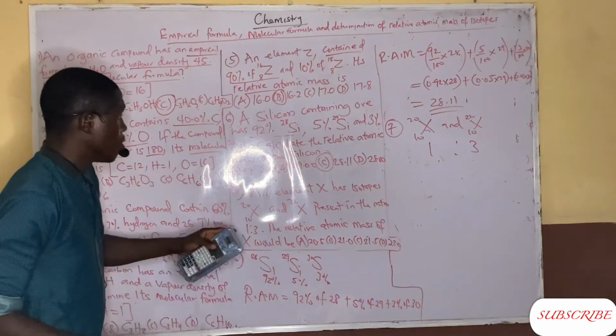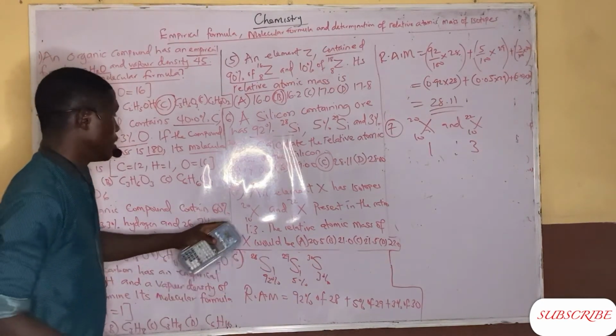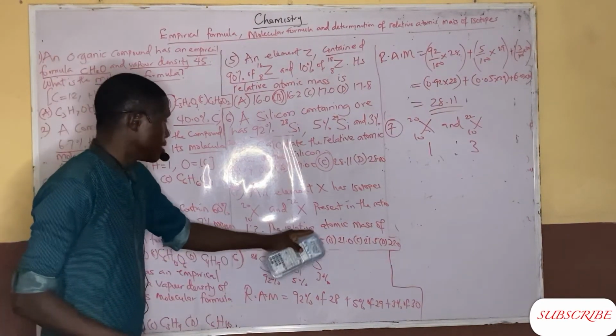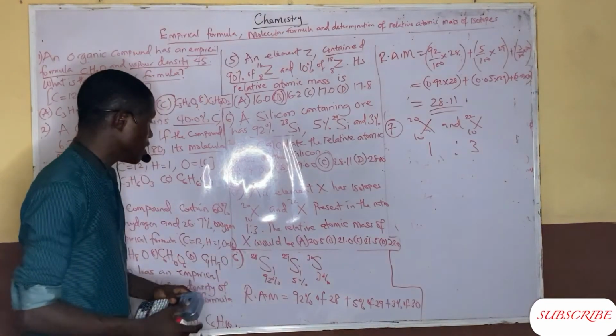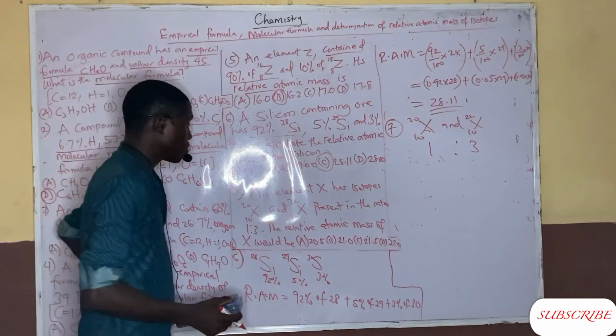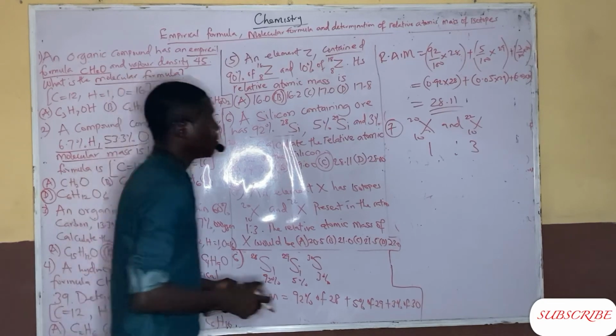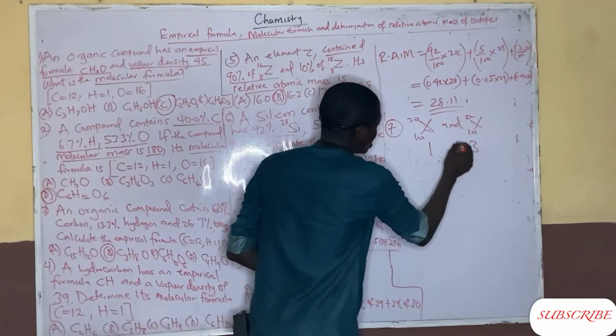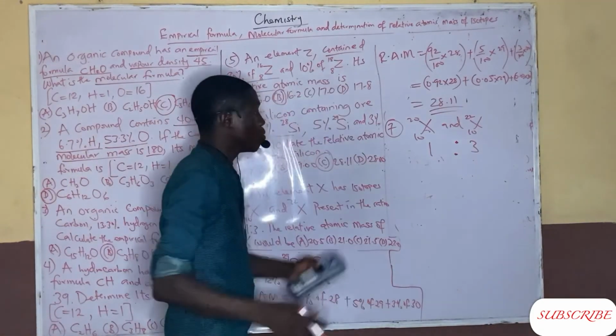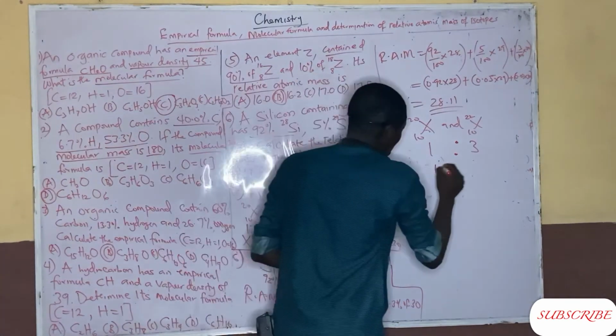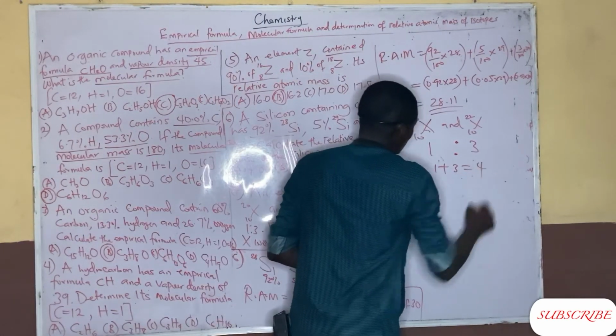Now the relative atomic mass of X, because this one is in terms of ratio, what you need to do is add the ratio together. 1 plus 3 is equal to 4.